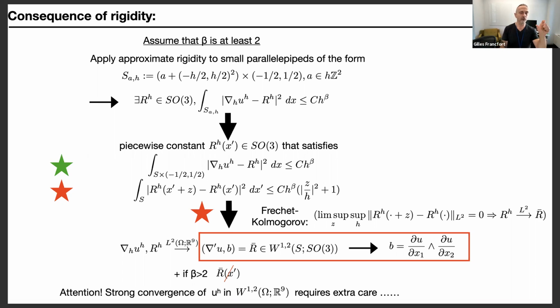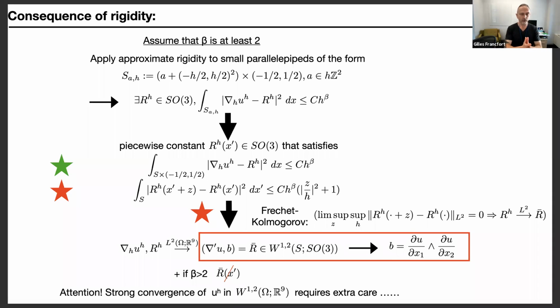That tells you that the differential quotient of R_h, when you go in the in-plane direction, is bounded uniformly by a constant. So R bar is actually not only an L2 function, but a W^{1,2} function. This is a remarkable thing, very unusual: your limit has more structure, more regularity than your original fields.